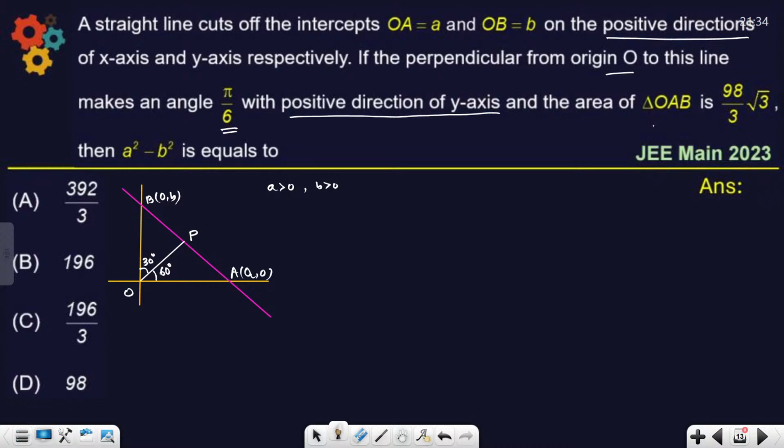They have said that the area of triangle OAB, that is half into AB, I'm not giving a mod sign because here A and B are both positive, is equal to 98 over 3 into root 3. That's the question. Now you have to find out the value of A square minus B square. That is, we have to find out what our A and B are.